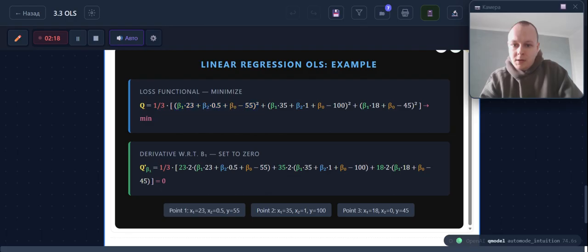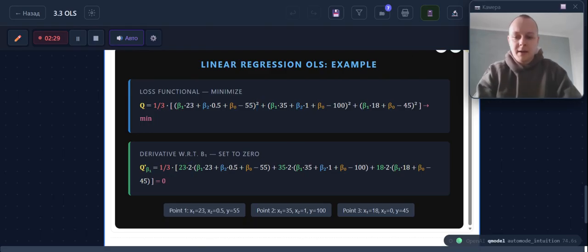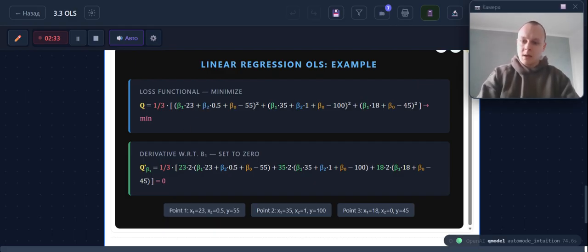And what we do, as I already told in the beginning, first of all, we place our square right here as a multiplier at the beginning of the parentheses. And our partial derivative had a coefficient of x23. So according to the chain rule, we also put it right here.